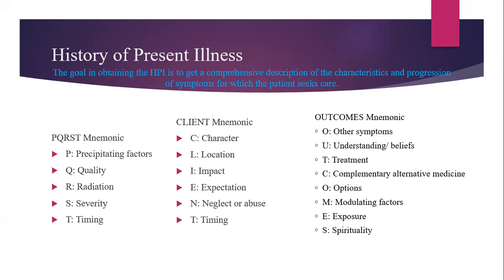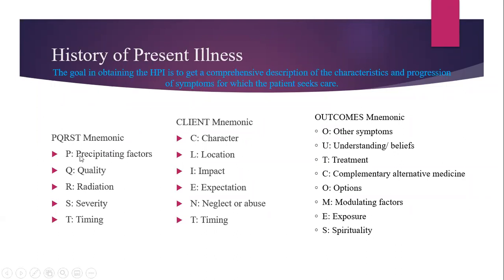How do we categorize and memorize it? You have to ask leading questions by using PQRST. P stands for precipitating factor, Q for quality, R for radiation, S for severity, and T for timing.